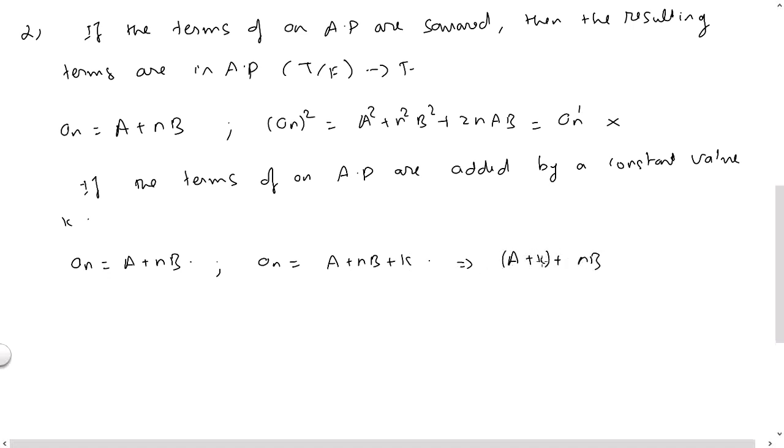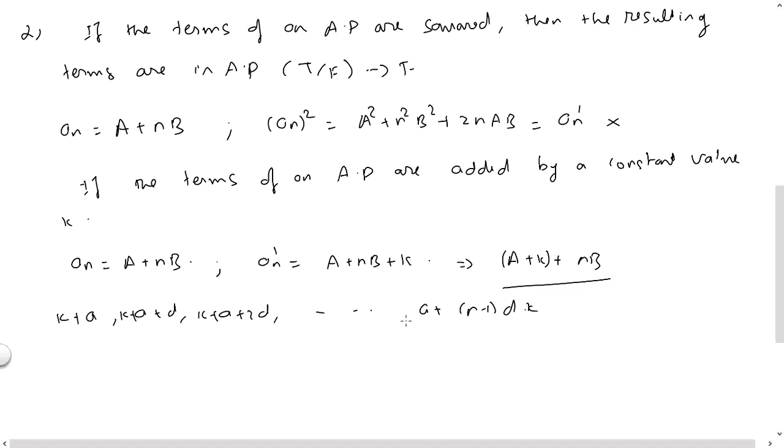So the resulting sequence is also an arithmetic progression, because whatever the an dash we are getting, that is the nth term of the resulting sequence, is also a linear expression in n.